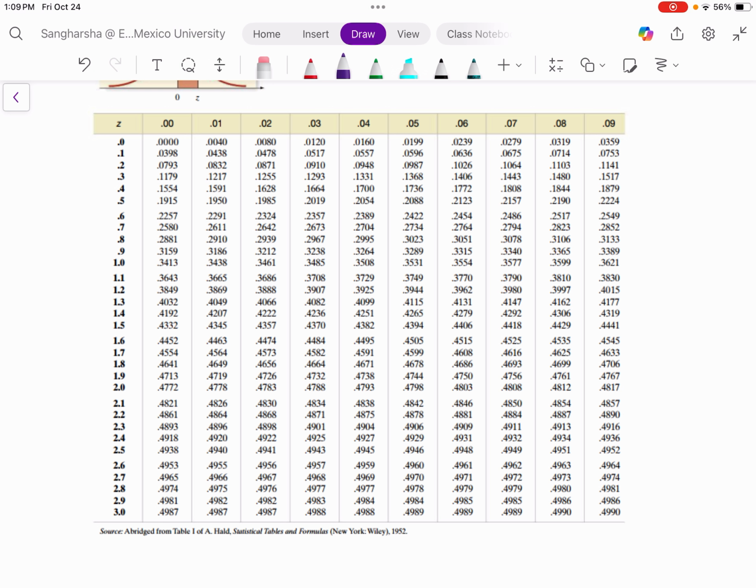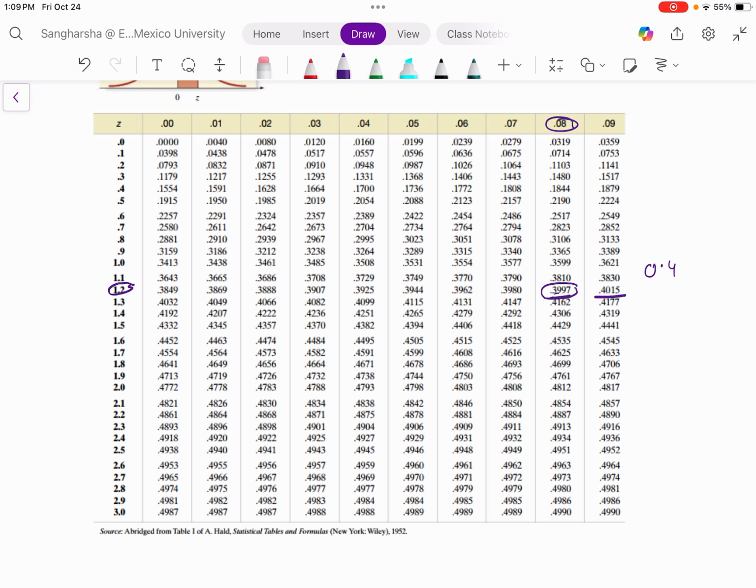Okay, so here we have 0.4, and here we have 0.3997, and here we have 0.4015. So out of these two numbers, this number is very close to 0.4. So the corresponding g value is 1.28.